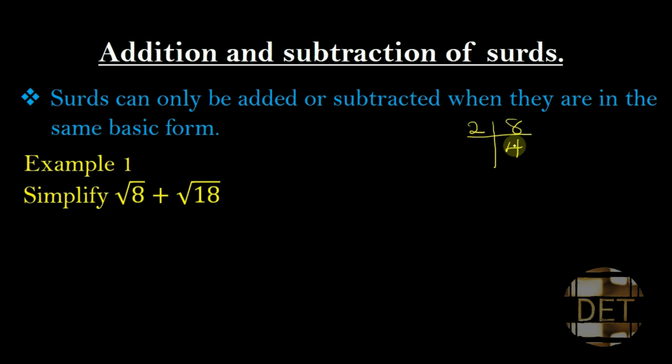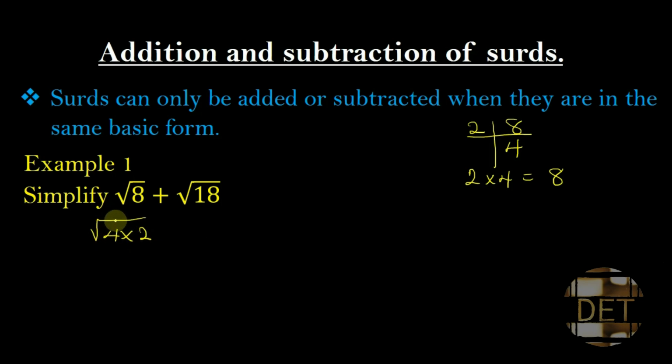So I now have one perfect square here, and this is an imperfect square. You should know that 2 times 4 is equal to 8. So the simplified form of square root of 8 is equal to the square root of 4 times 2.